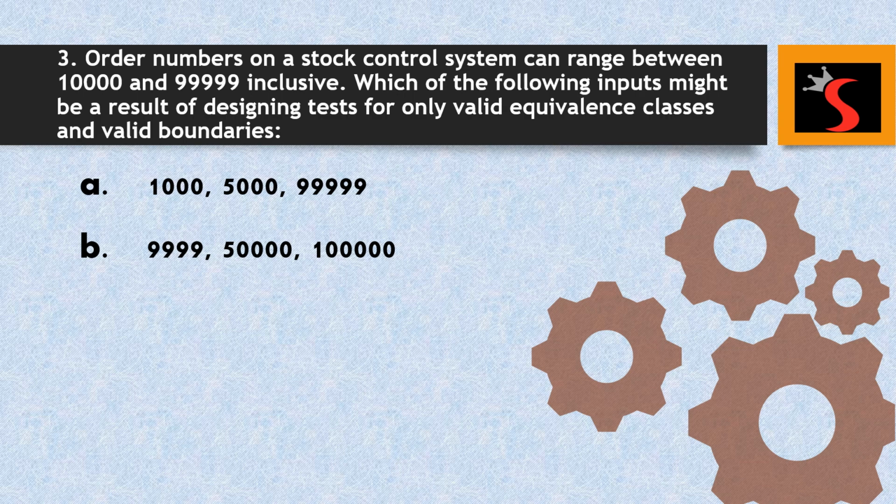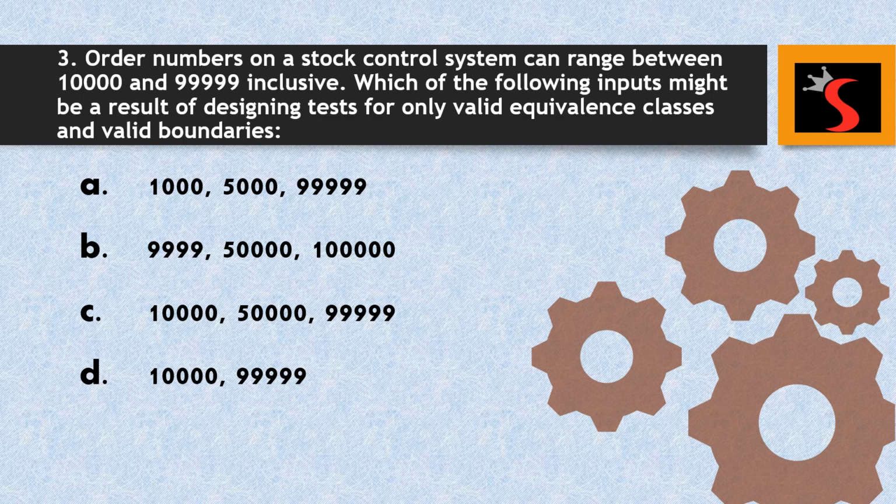B. 9,999, 50,000, 1 lakh. C. 10,000, 50,000, 99,999. D. 10,000, 99,999. E. 9,999, 10,000, 50,000, 99,999 and 10,000.